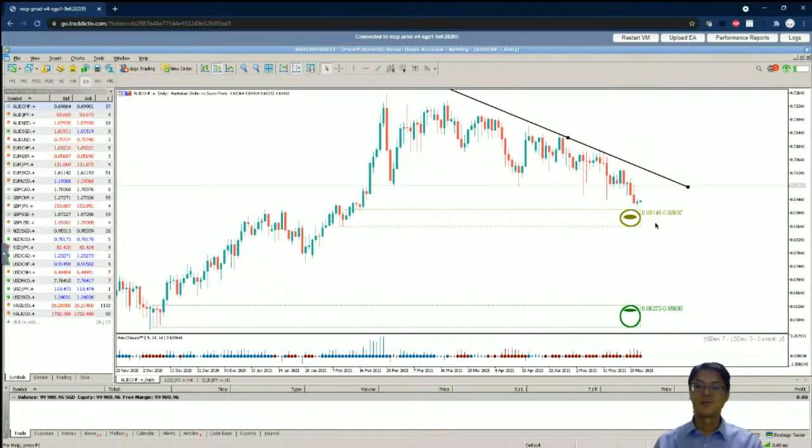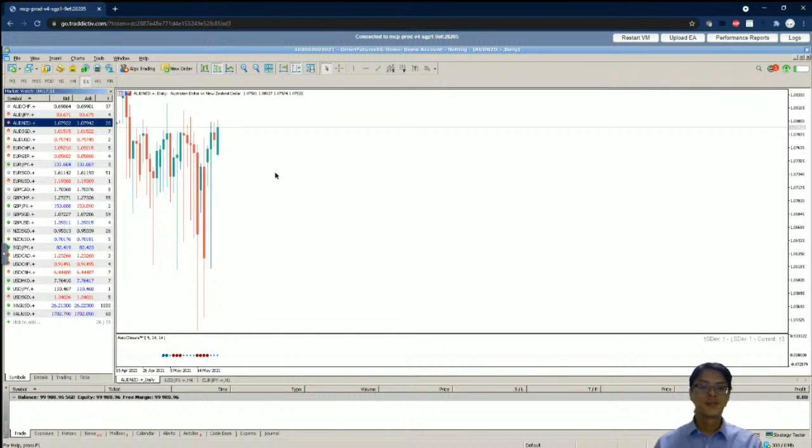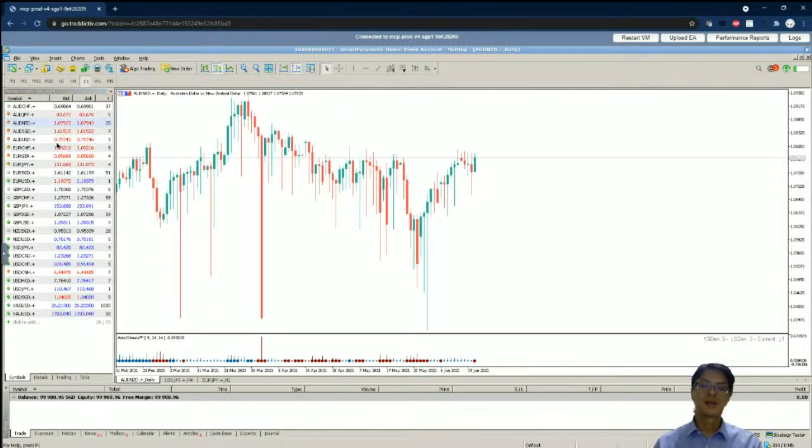Even coming down to an area of interest on the buy side, so some very strong moves. New Zealand has also been pretty weak, so let's not look at New Zealand.